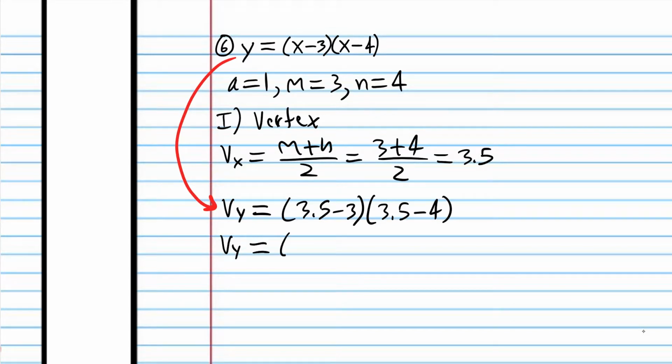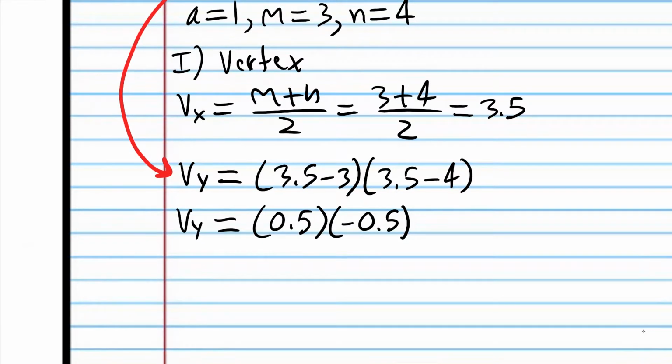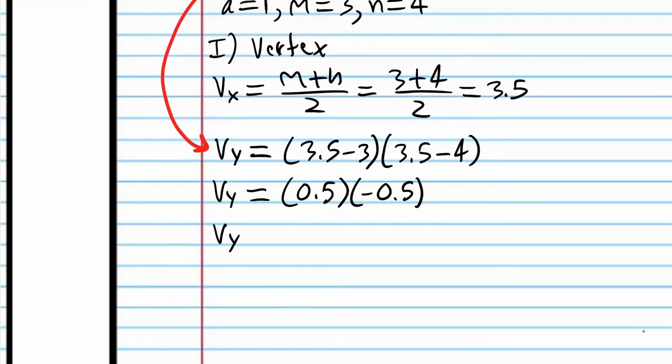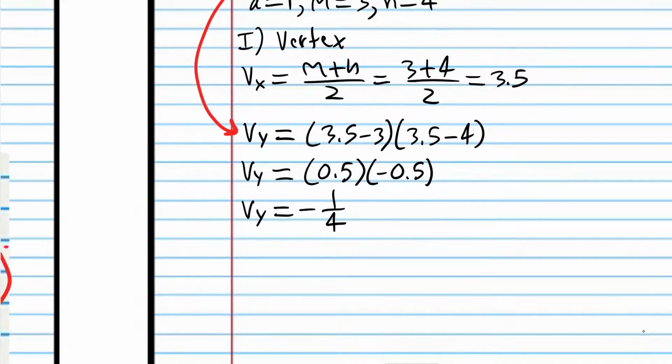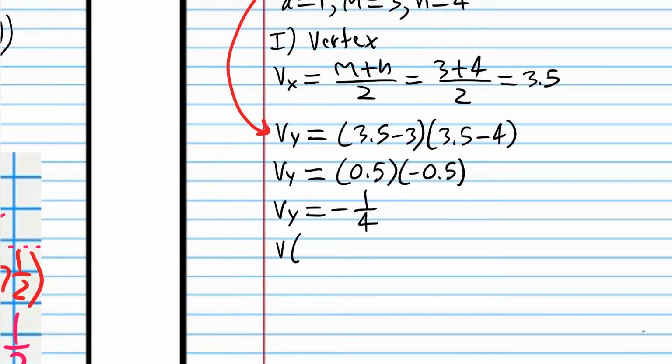And that would be 0.5 times negative 0.5. And that's going to be negative 1/4. Multiply those together, it becomes negative 0.25, which is the same thing as negative 1/4. So the vertex is 3.5, or we can say 3 1/2, however you want to do it. 3 1/2 and negative 1/4.